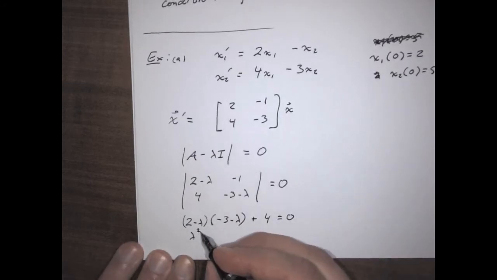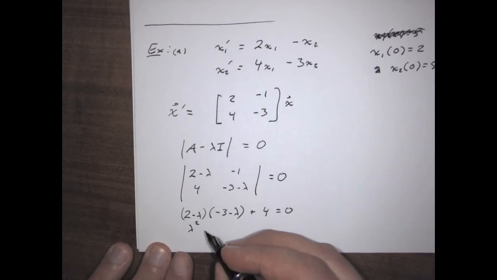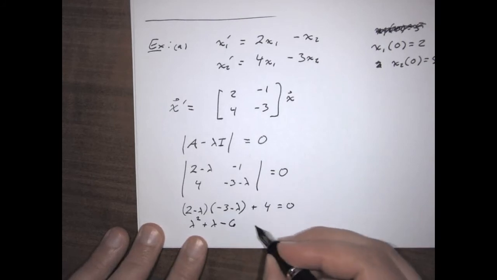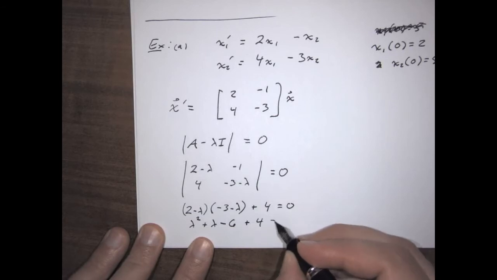It's going to be lambda squared, and then minus 2 plus 3 means plus lambda, minus 6 plus 4 equals 0.